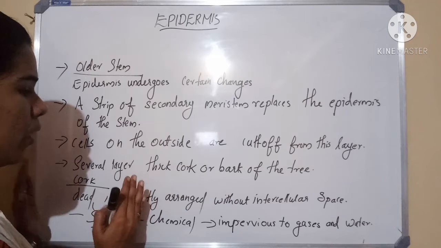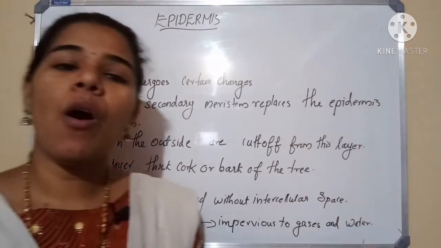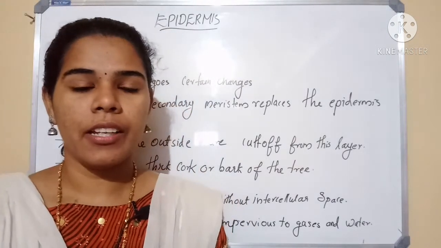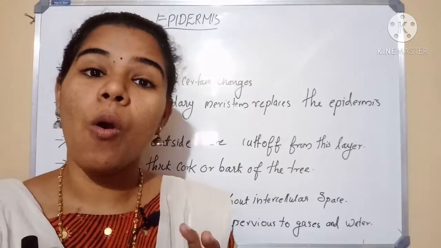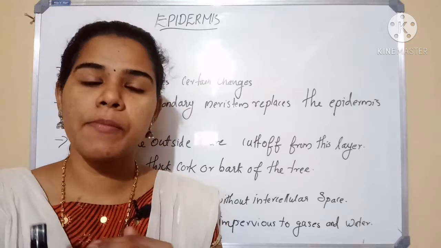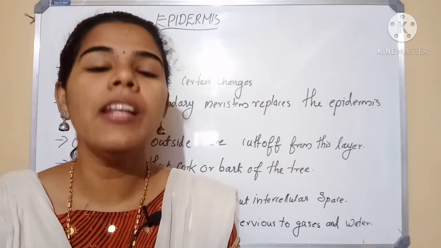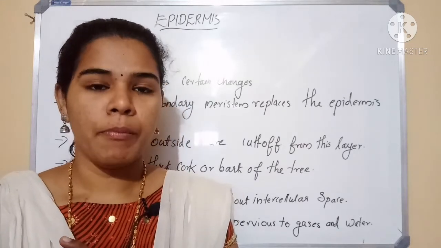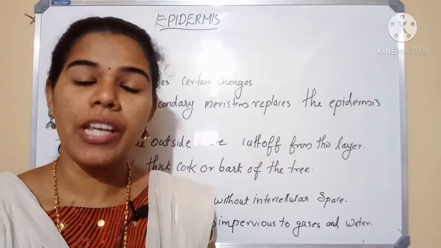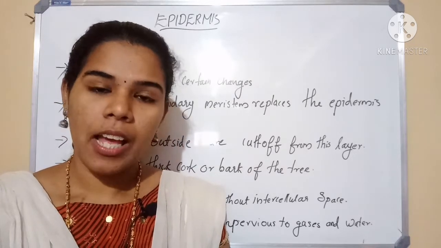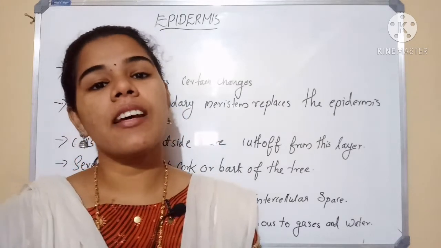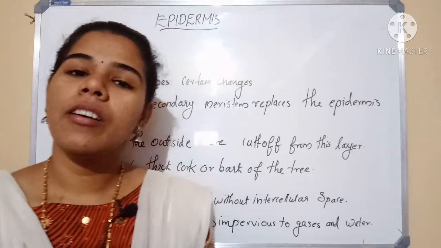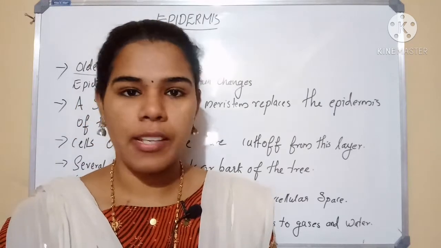This cork we can see only in older stems. In older stems the epidermis undergoes several changes because of the action of secondary meristem, and they form several layers. These layers are called cork or bark of the stem.